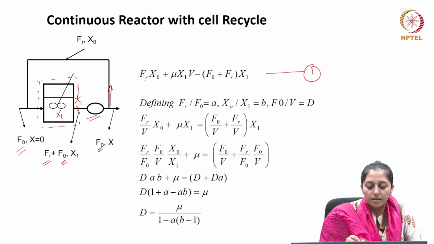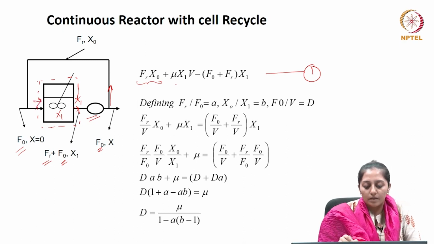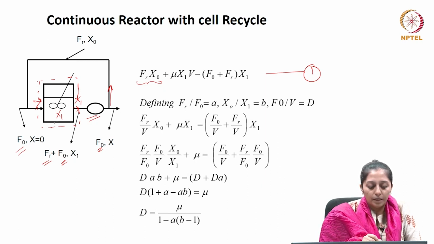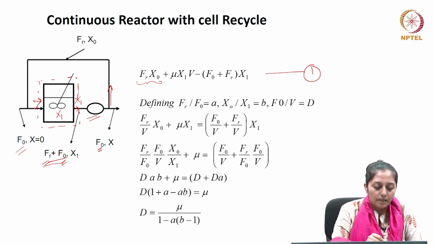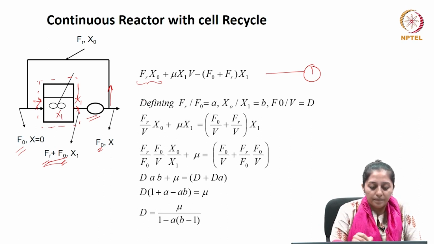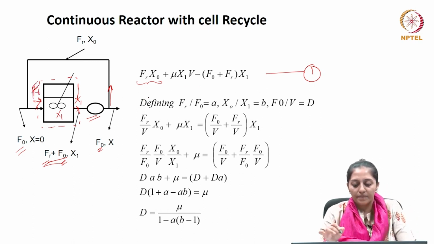Let's understand this. So, the first term is the rate at which the biomass is coming inside the reactor. Now because it is a steady state CSTR and a chemostat, the flow rates have to be the same. So, here let's assume inside is Fr plus F0.